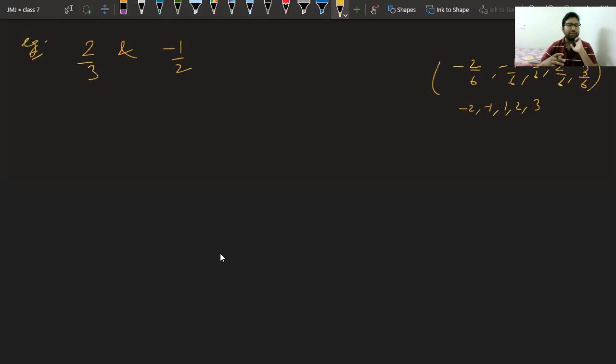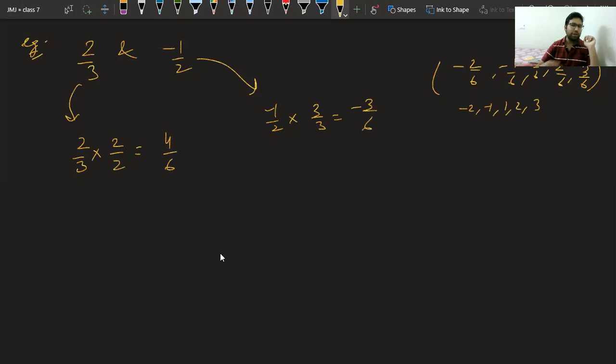Now I think you all are getting the concept. Please see. First, we will make them like fractions. It will become 2 by 3 into 2 by 2, it becomes 4 by 6. It becomes minus 1 by 2 into 3 by 3, minus 3 by 6. So class, which number will come on the left hand side?